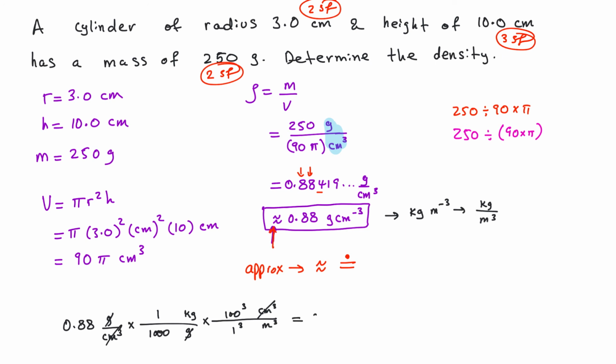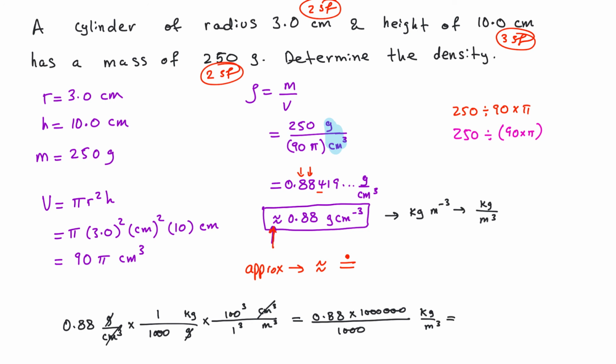And all I'm left with is 0.88 times 1, which is just 0.88, times 100 cubed, which is a million, divided by 1,000. And I have 1 cubed, which is just 1. And the unit that I'm left with is kilogram per meters cubed.